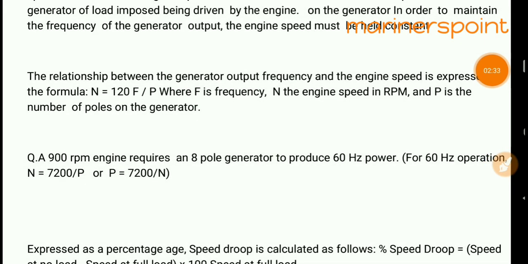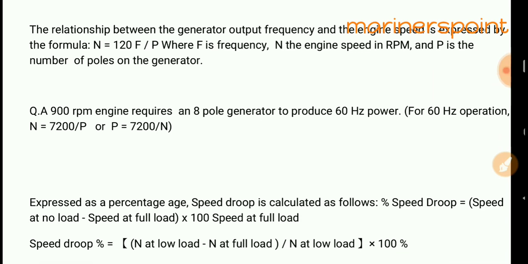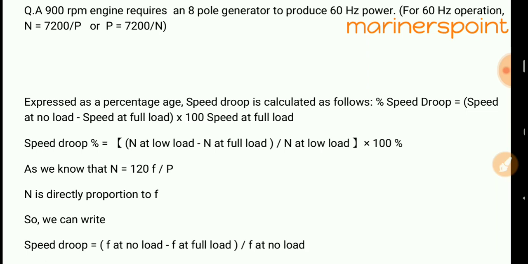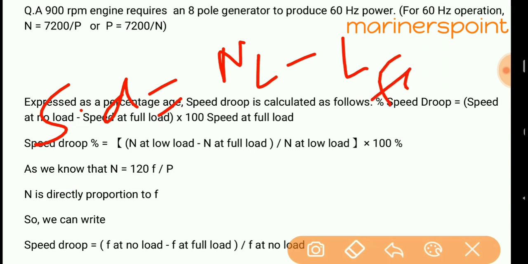Let's see another problem. Before it, first we will learn about speed droop. In this video I will discuss only questions, not what speed droop is. Speed droop is equal to speed at no load minus speed at full load, divided by speed at no load.